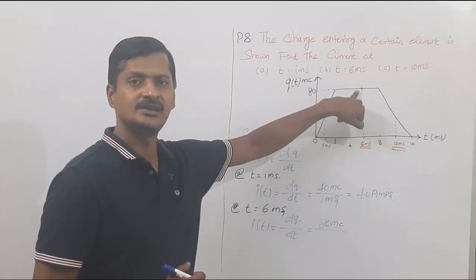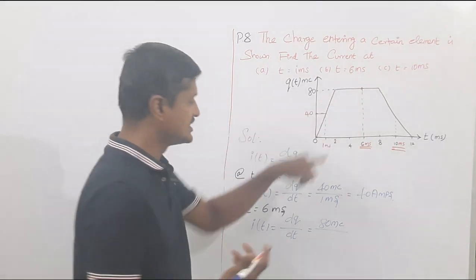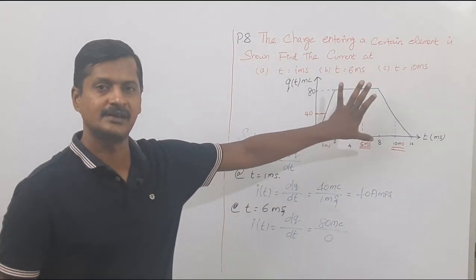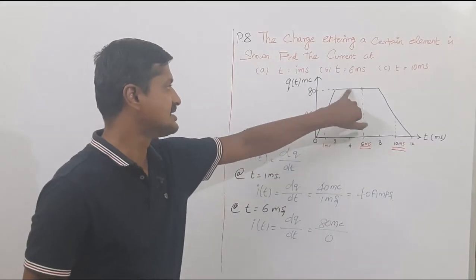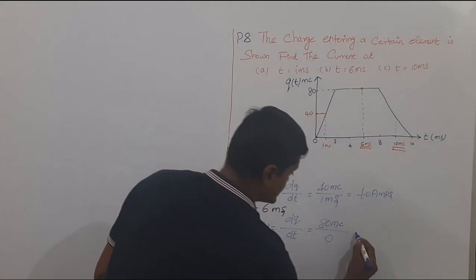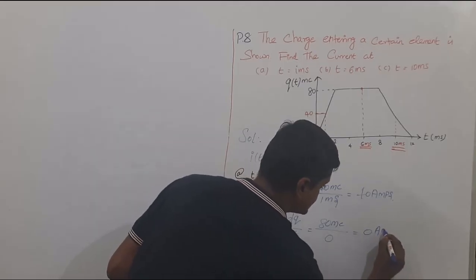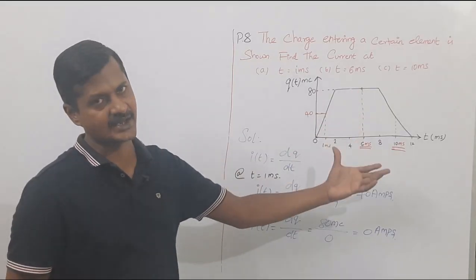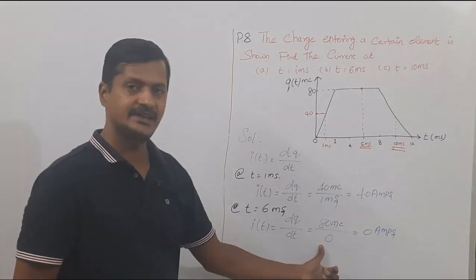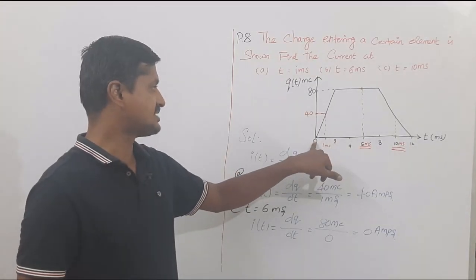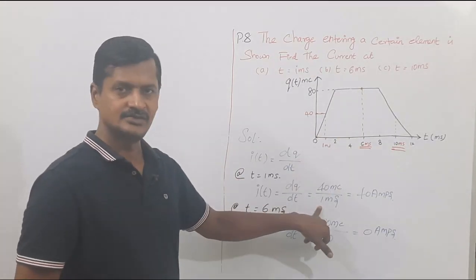The time is constant, so dt equals 0. There is no change in time, so 6 milliseconds is a constant value, and the current is equal to 0 amps.